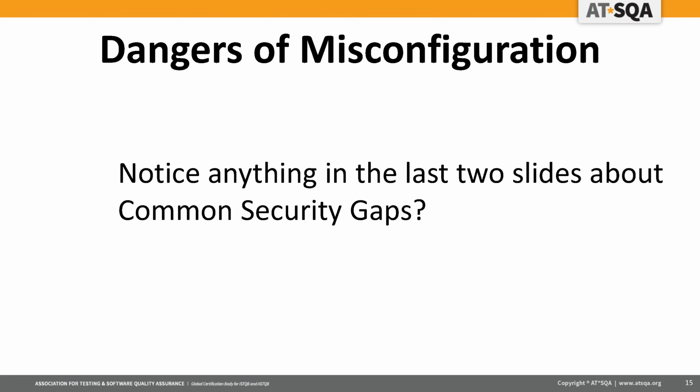When discussing cloud system security gaps, we should also discuss the dangers of misconfiguration. Notice the number of security gaps around misconfigured settings. Many security gaps revolve around improper cloud system infrastructure configuration.